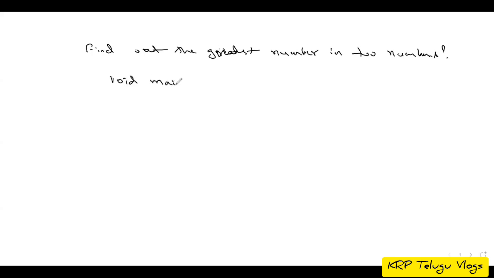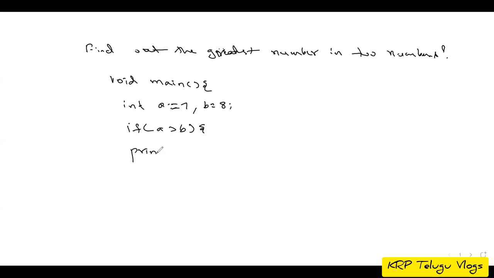Void main. So int a is equal to, for example, 7, comma b is equal to 8. If a is greater than b, what will you do?